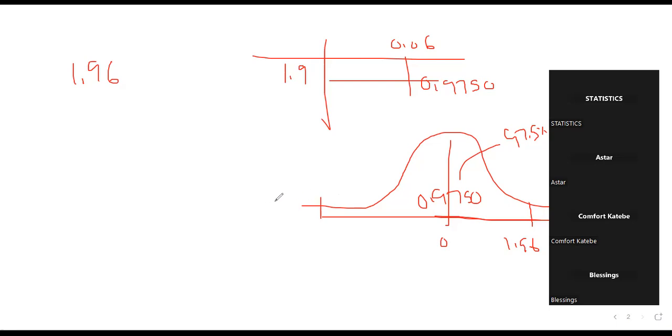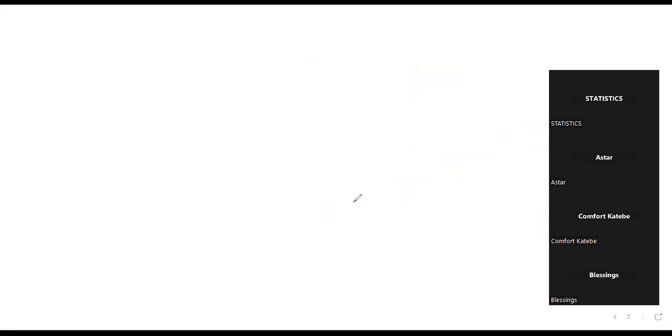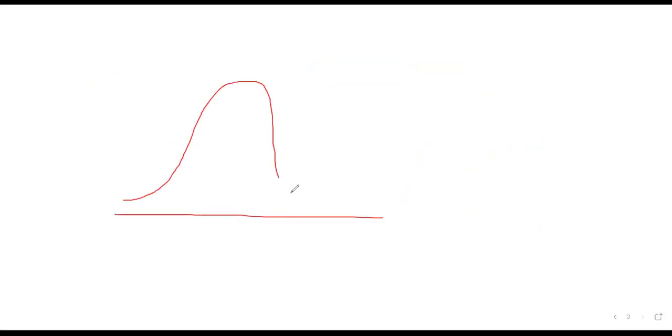So sometimes you'll be asked to read from inside the table to say, okay, the probability from here to here is 0.9803 or 98%. So give us the Z reading for this probability. So this is 98.03.